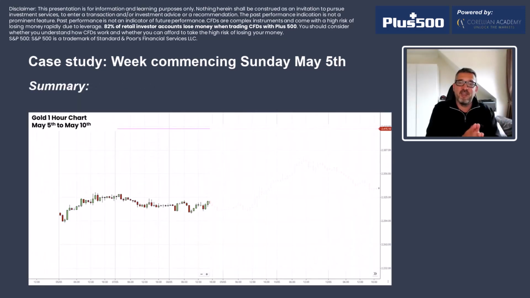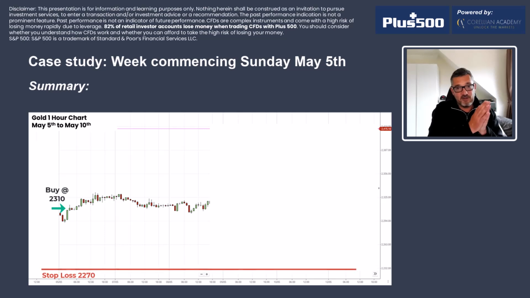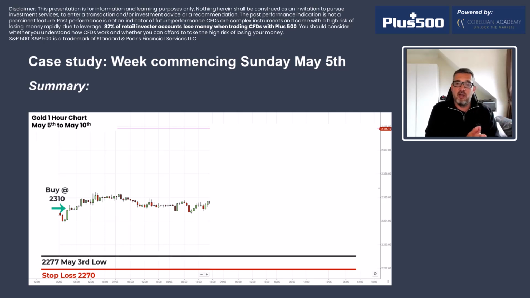So in summary, as I let this trade play out, this is a planned trade. I buy gold at 2,310. I set my stop loss on the Plus500 platform at 2,270, just below that May the 3rd low at 2,277.